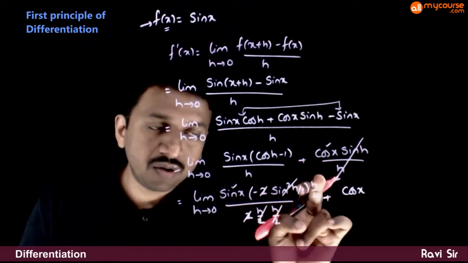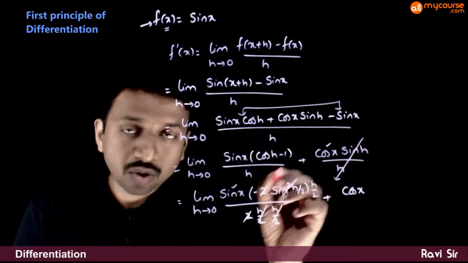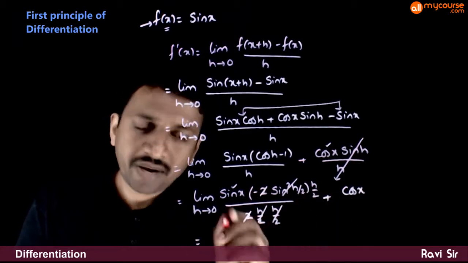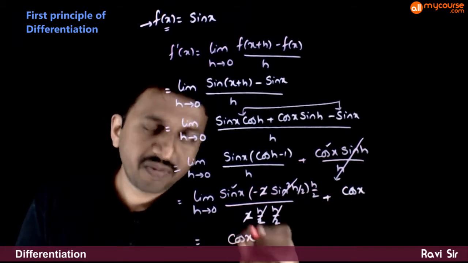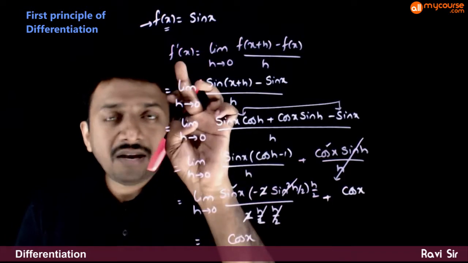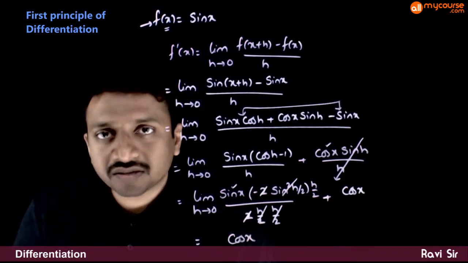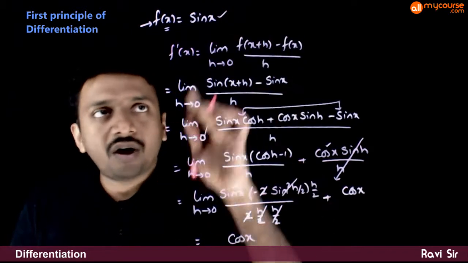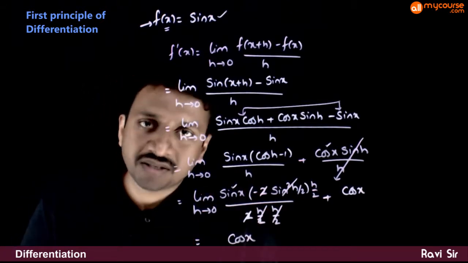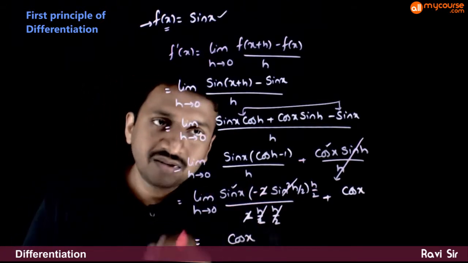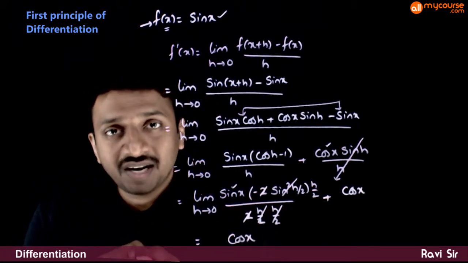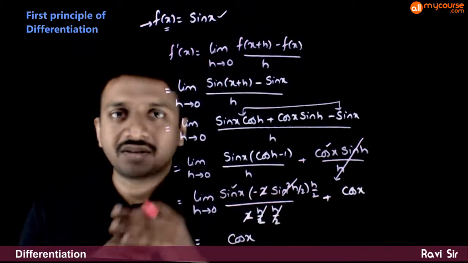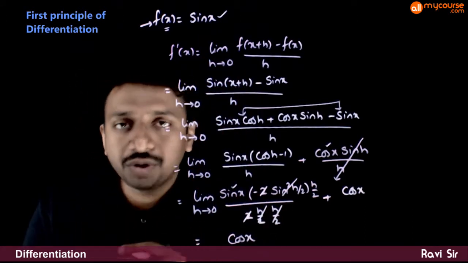As h tends to 0, this goes to 0. So this whole limit goes to 0 plus cos x. So the value of the differentiation is cos x. So d by dx of sin x is equal to cos x. A similar derivation can be done for differentiation of cos x also. I would encourage you to do that.